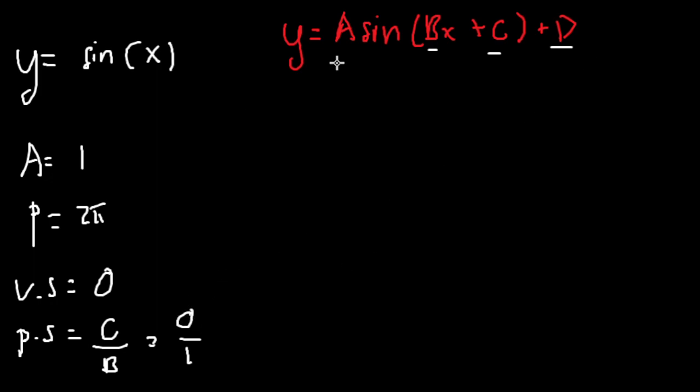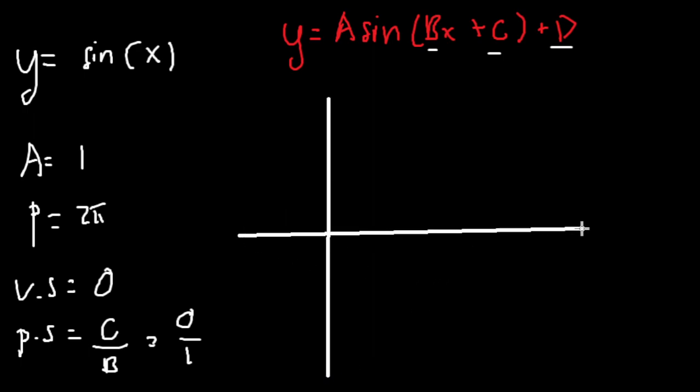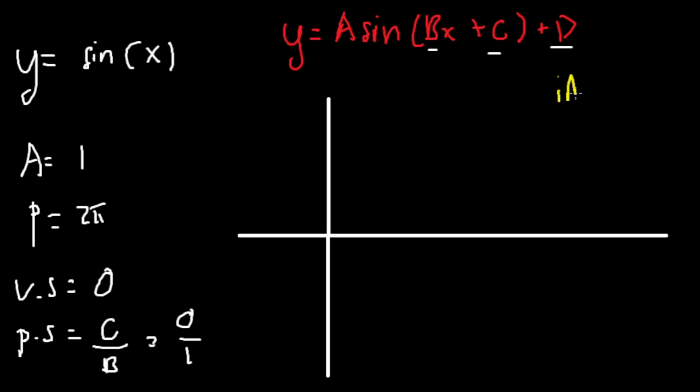Now, using itong mga nakuha natin, we can now graph the function y is equal to sine x. Now, in drawing the graph of a sine function, we need to remember the concept of imimi, wherein the I stands for the interval and the big M stands for the maximum and the small m stands for the minimum.